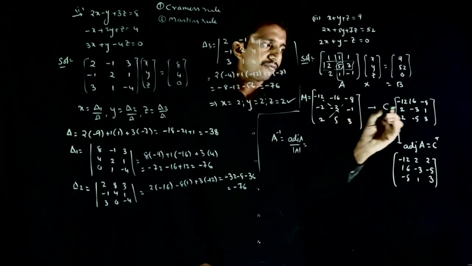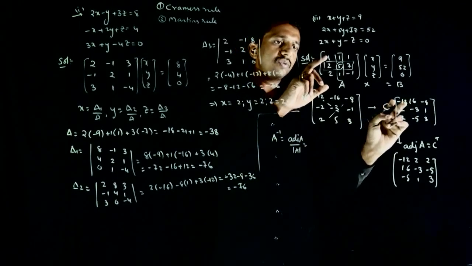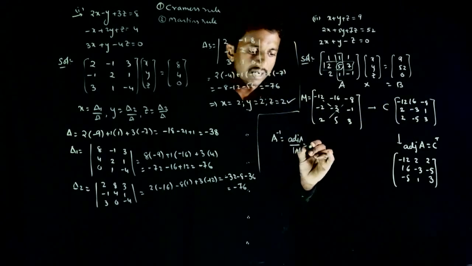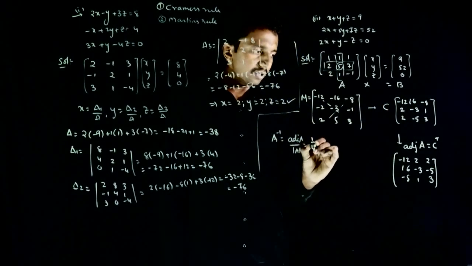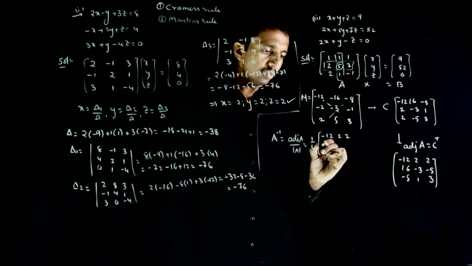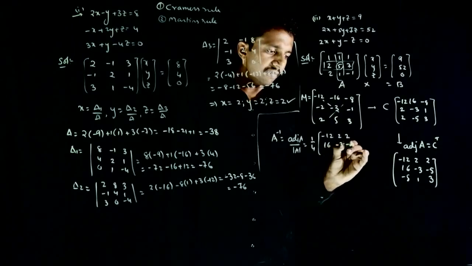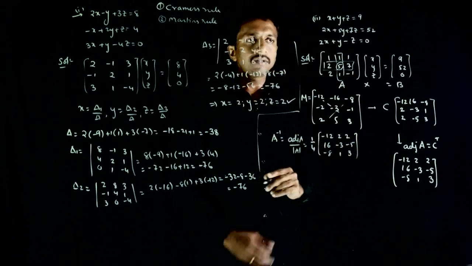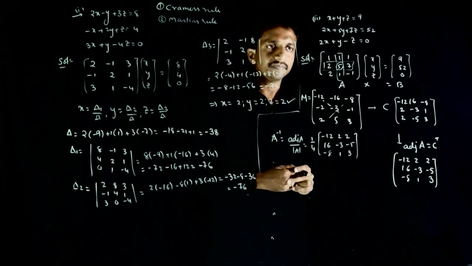So आपका det 4 हो जाएगा. Minus 12 plus 16 minus 8 minus 20 plus 16. So det A is 4. So 1/4 of minus 12, 2, 2, 16, minus 3, minus 5, minus 8, 1 and 3. So this is my A inverse.